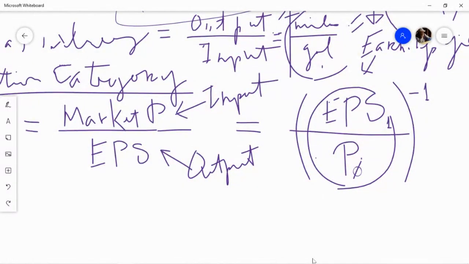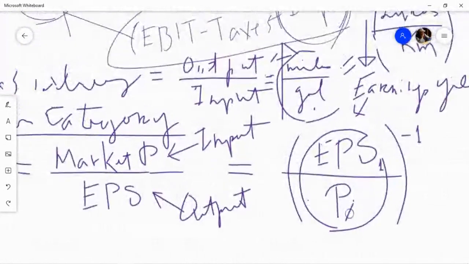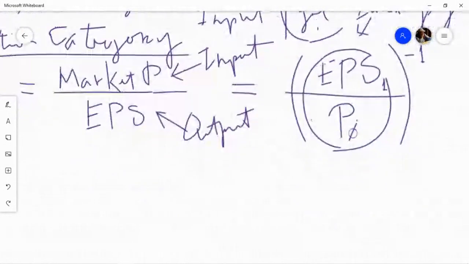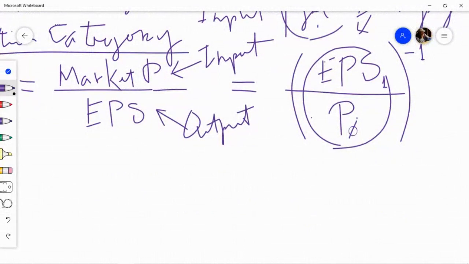So if it is an output to input ratio, it is quite obvious that the higher this number, the better it is. But then, why? Because there's more output for the input. For the price you pay, there's more earnings per share.